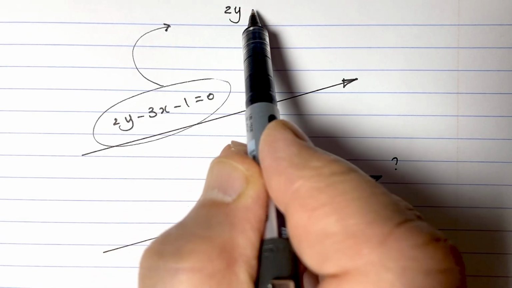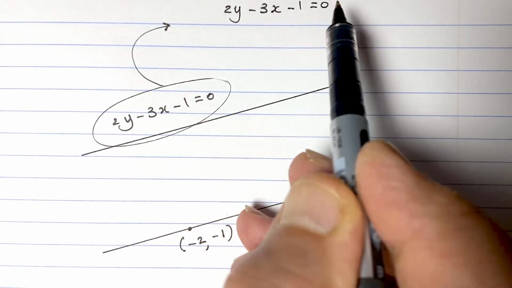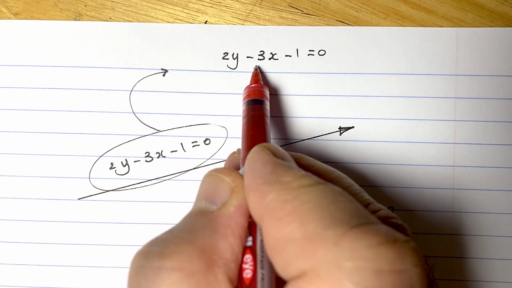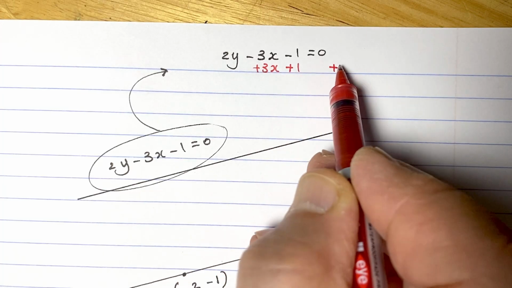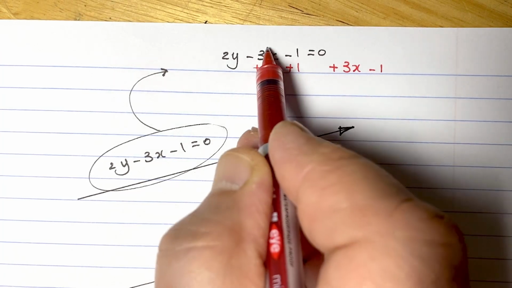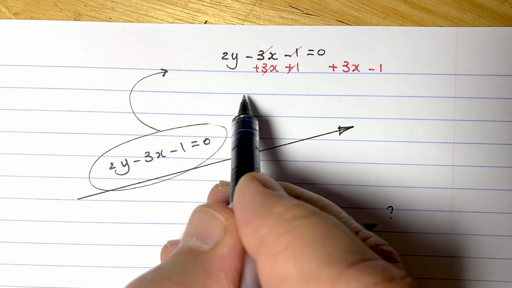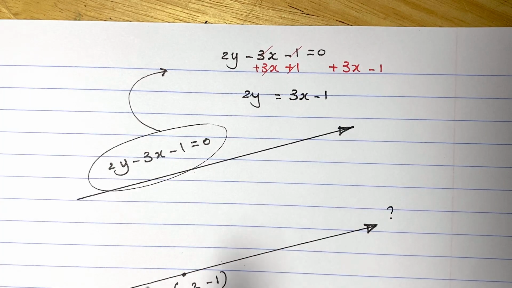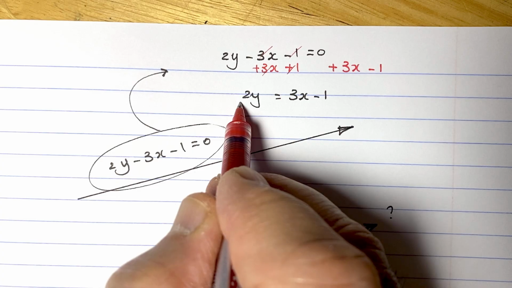We need to balance the equation. As before in the previous lesson, to keep y on its own, I need to undo minus 3x minus 1 by adding 3x plus 1 on both sides. So 2y equals 3x plus 1. To find y, I need to divide each term by the coefficient of y, which is 2.